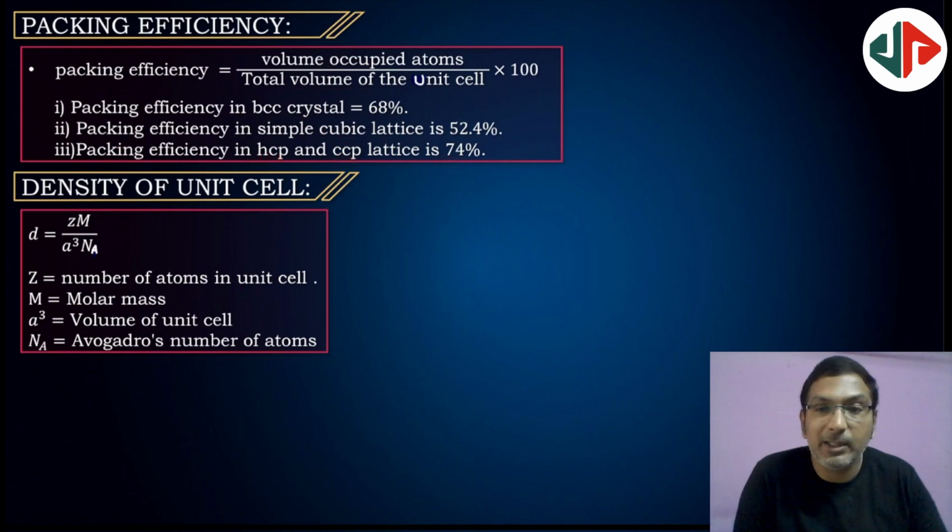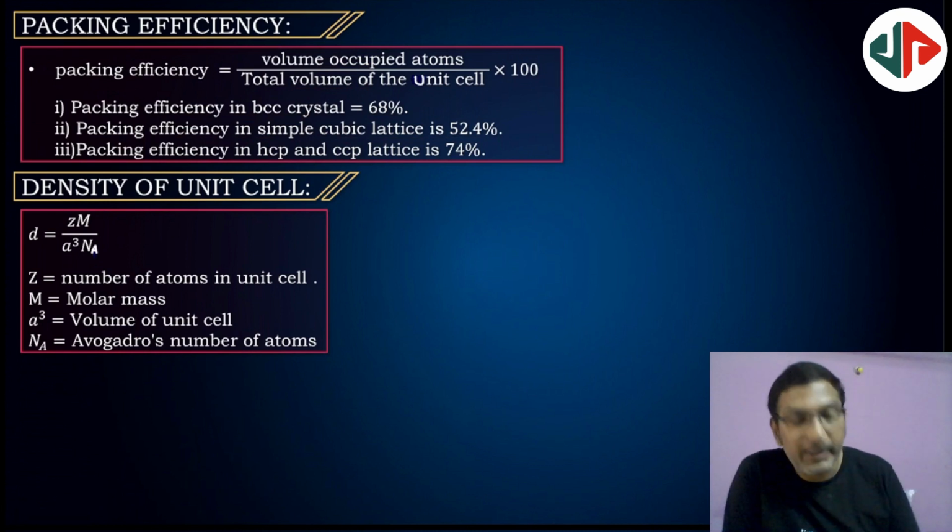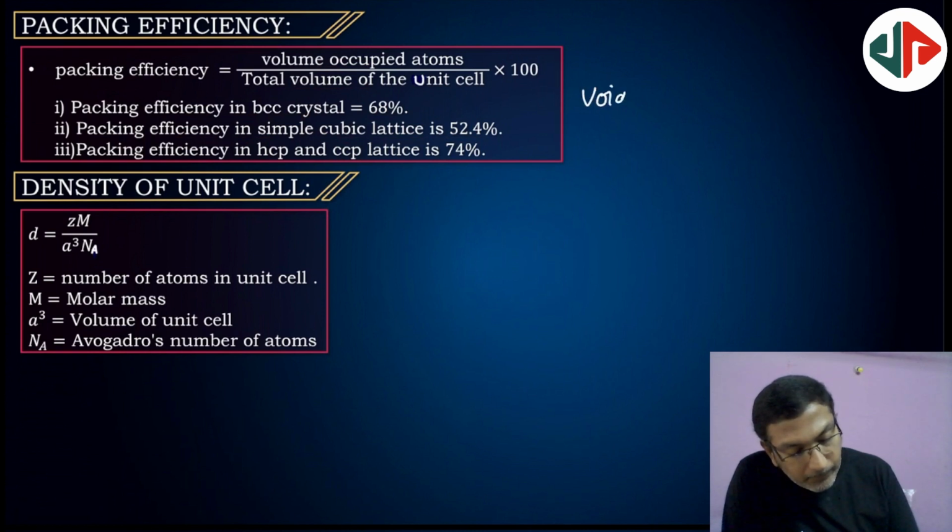HCP means hexagonal close packing, CCP cubic close packing. Void space can be calculated by using 100 minus packing efficiency. Void space means empty space.